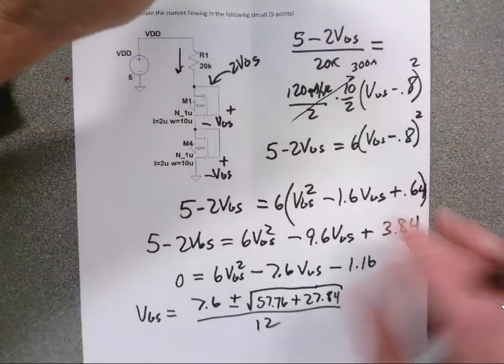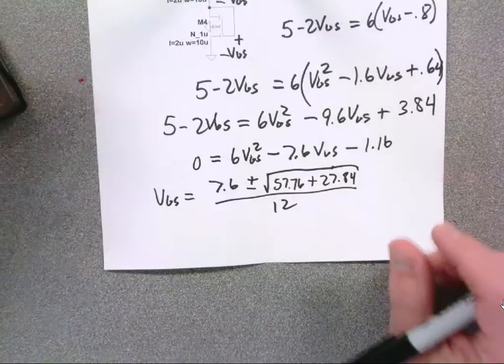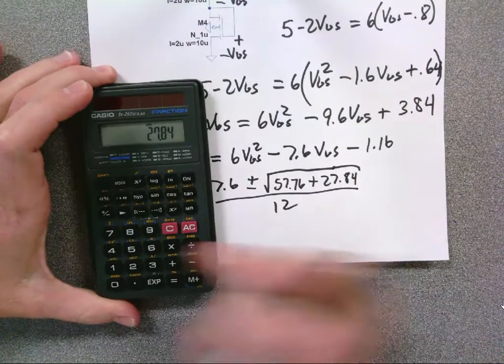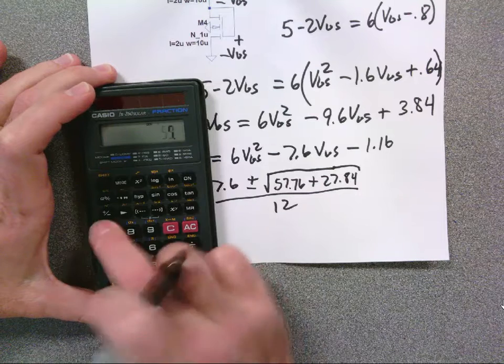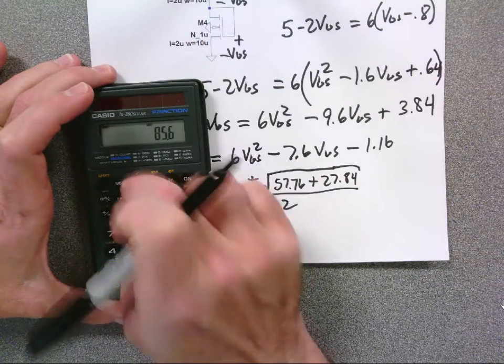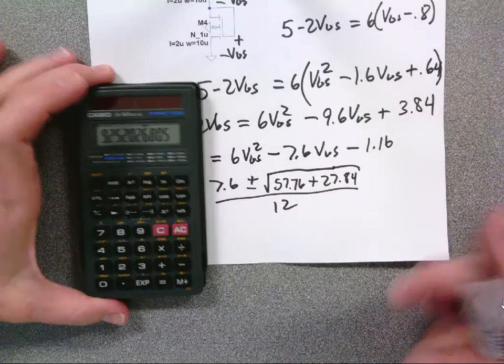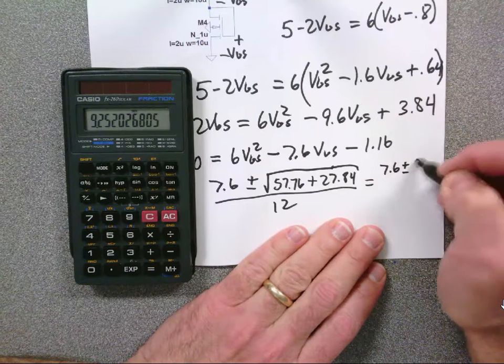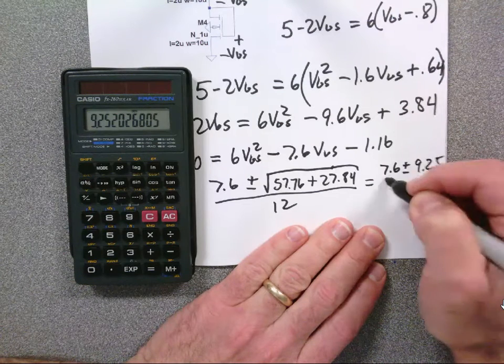Yay or nay? And then we have 27.84 plus 57.76 equals, square root, 9.252. So we get 7.6 plus or minus 9.252 all over 12.